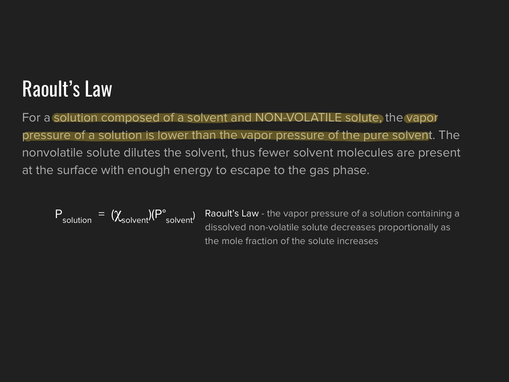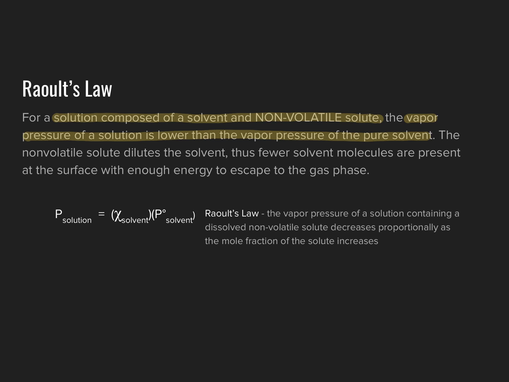The justification is that the non-volatile solute essentially dilutes the solvent, leaving fewer of the solvent molecules present at the surface with sufficient energy to escape into the gas phase, and therefore a point of equilibrium where we have fewer molecules of gas phase species present in our system.